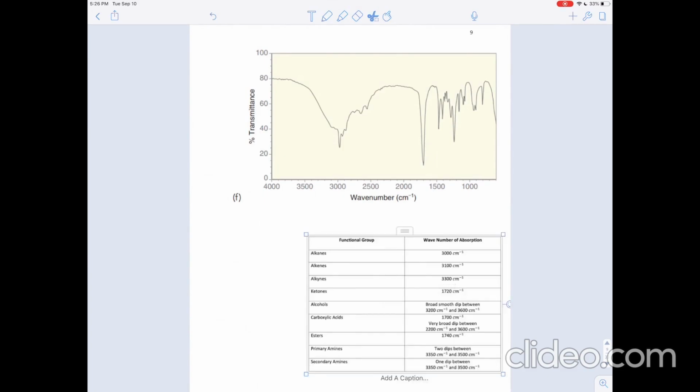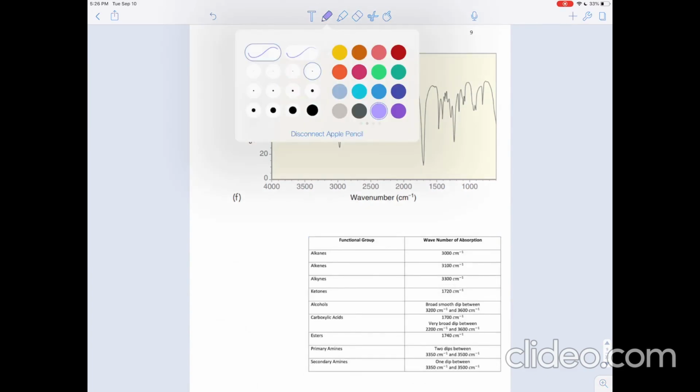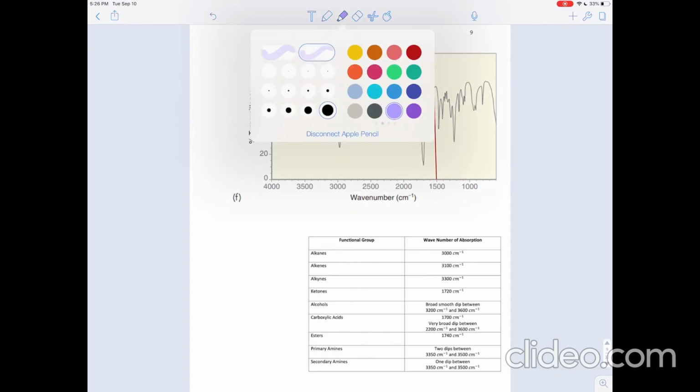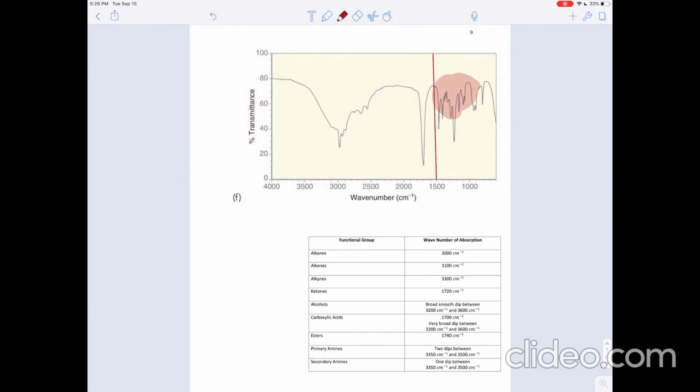All right, this one. So we have a new IR spectrum. Draw a line at around 1500, vertical line. Everything to the right of that are absorptions that belong to single bonds. So those are shadows cast by all the single bonds in the molecule.